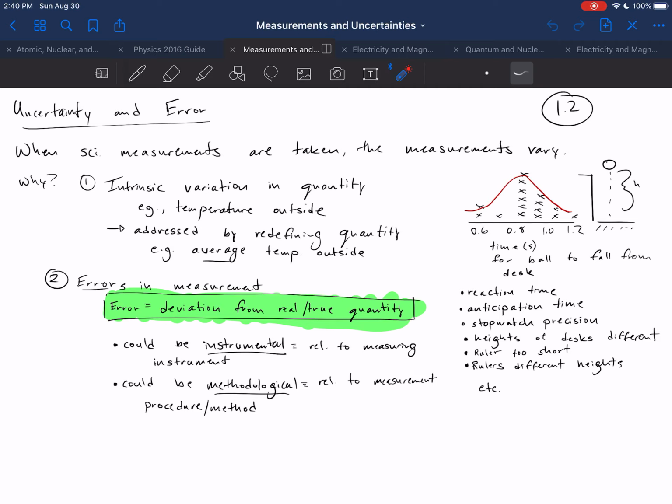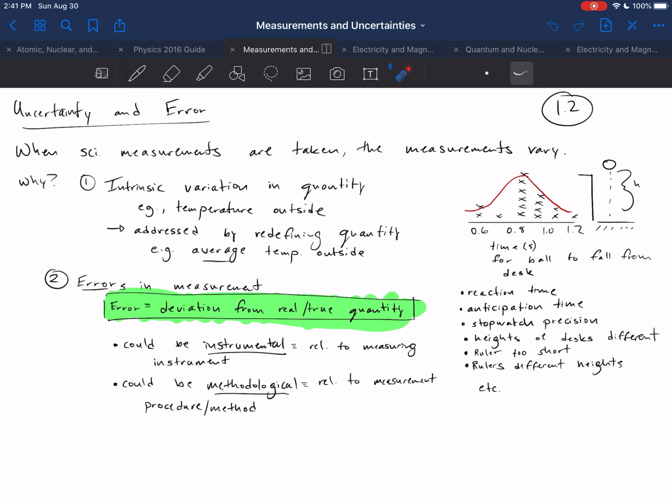There's a second way we deal with it, though, sometimes, is that we'll simply say, what we're interested in is not the temperature, so to speak, but perhaps the average temperature, where we're explicitly acknowledging that intrinsic variation. So by saying that you want the average temperature, you know that the temperature is going to change. Let's say you want the average temperature over a single day.